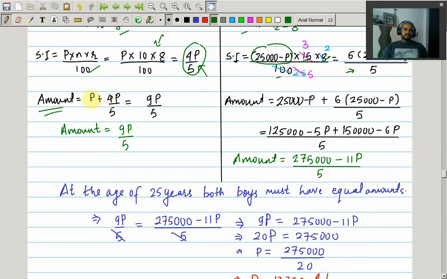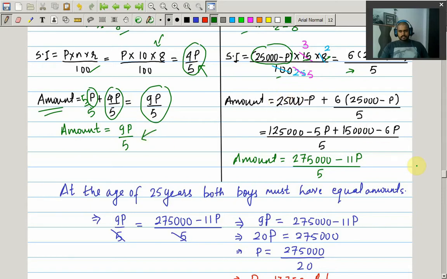The amount will be p plus the interest amount. You can take LCM, take 5 upon 5, that's the LCM. Add it, you will get 9p by 5.